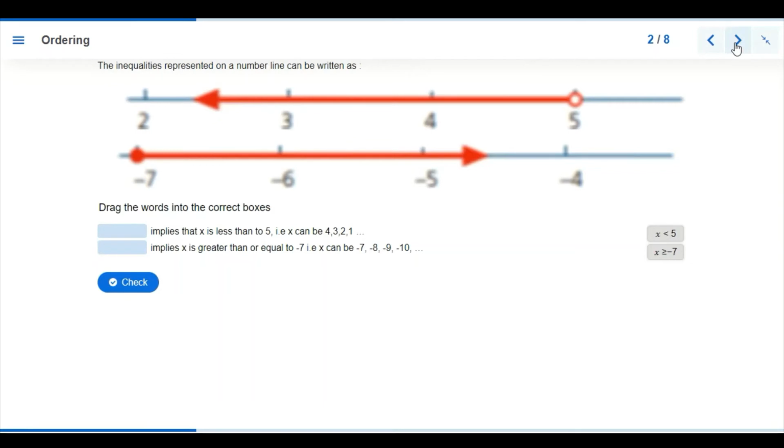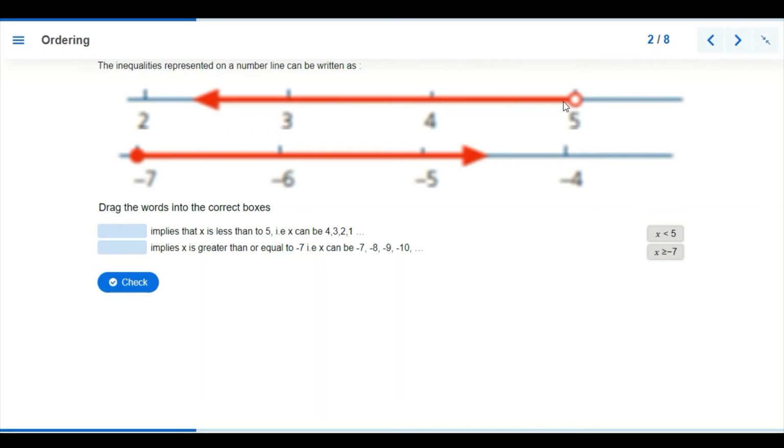Now, we have some inequality here. Under ordering, we use number line to represent some expressions, like when something is less than, or when something is greater than. Here we have samples of number line.